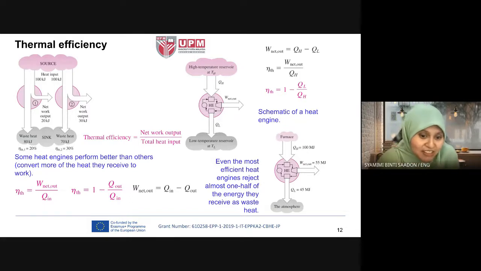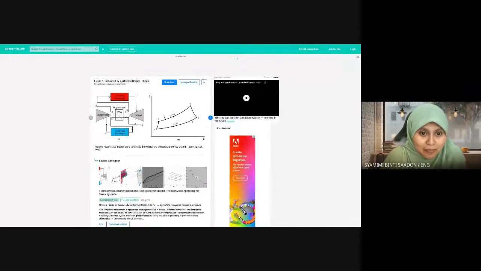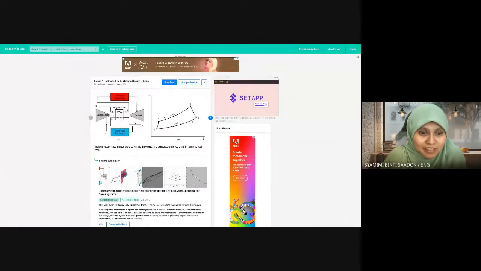Okay, there is a regenerator. Let me show. Okay, regenerator cycle. Okay, if I can just show you the diagram. Okay, this one, for example, I just Google it.